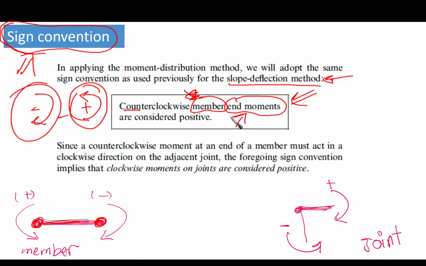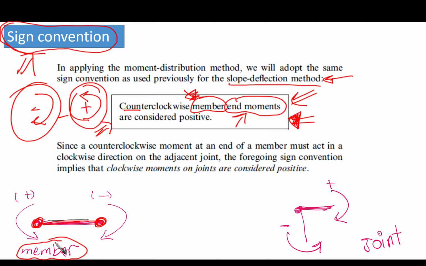What we are giving the sign convention for here is related to the member end moments. So if we have a member like this, and we have end moments here and here, the sign convention applies: counterclockwise is positive, and clockwise is negative.